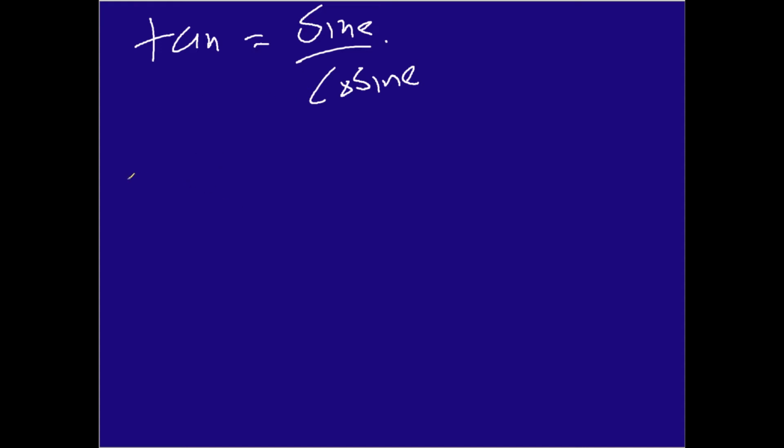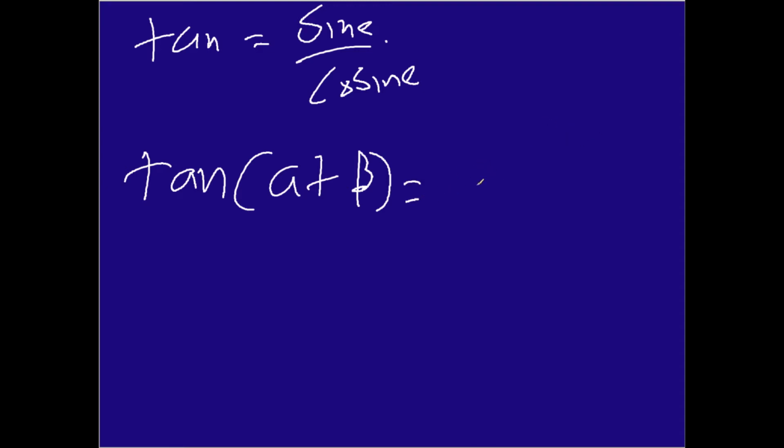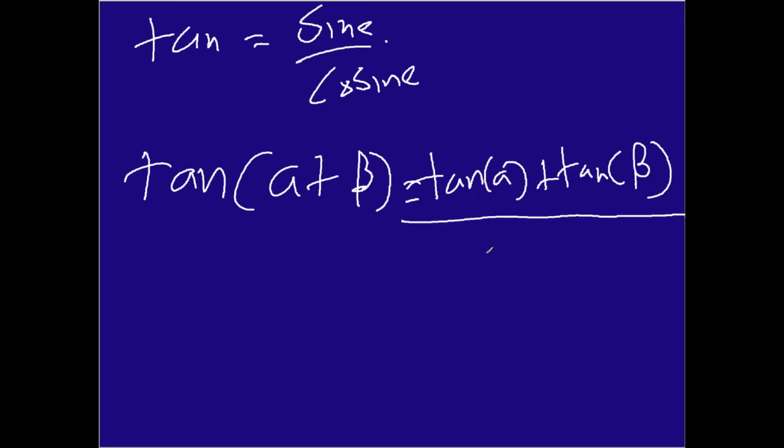The formula we're going to use is tangent of a plus b, or alpha plus beta, where alpha and beta are special angles found in a generic unit circle. It's going to equal, and this is where it gets kind of complicated, tan of alpha plus tan of beta, all over 1 minus tan of alpha times tan of beta.